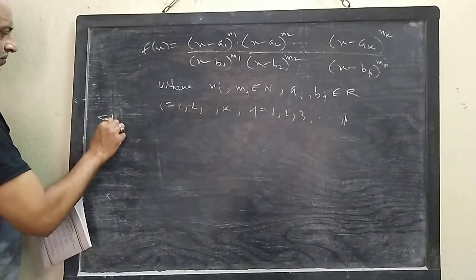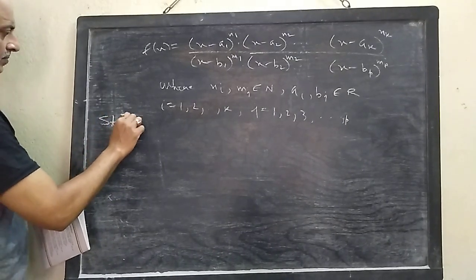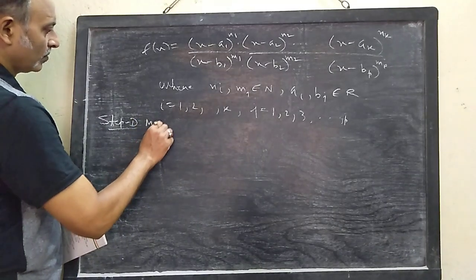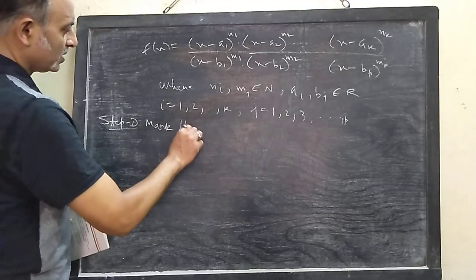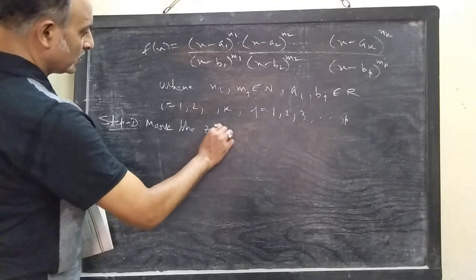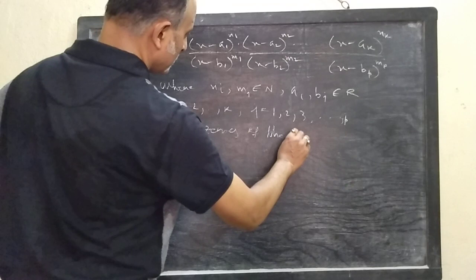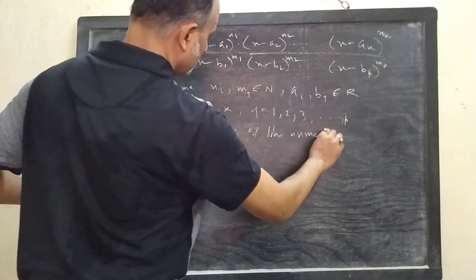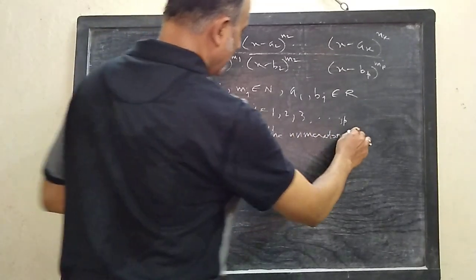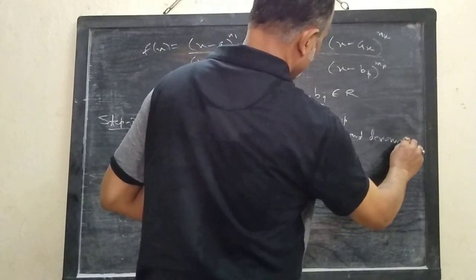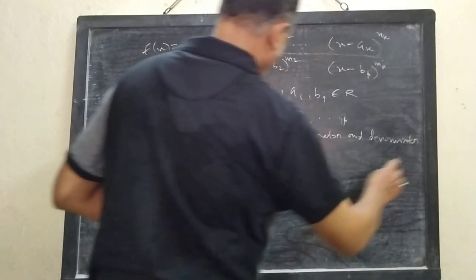Step 1. Mark the zeros of the numerator and denominator on the number line.